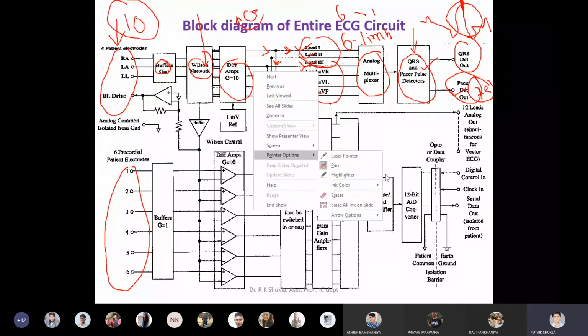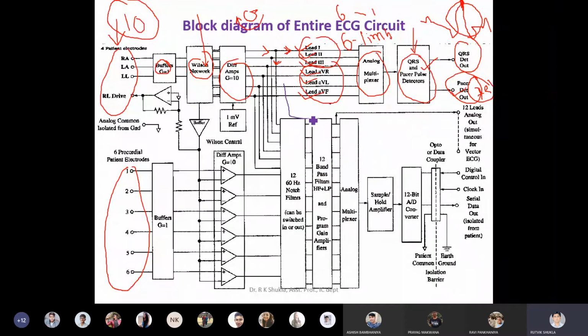If you look at this figure, there is an alternate or the other path. Second path is here. Now what comes on this side? Here you can see it is using a 60 hertz notch filter. While we were discussing the machine, I also mentioned that when we talk about multi channel, multi channel means you require more than one processing circuitry.